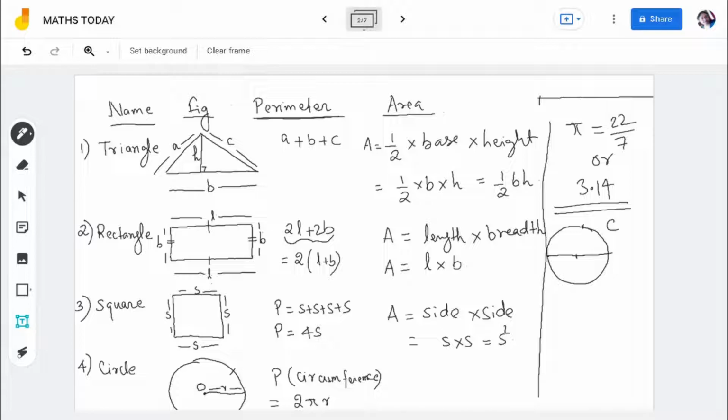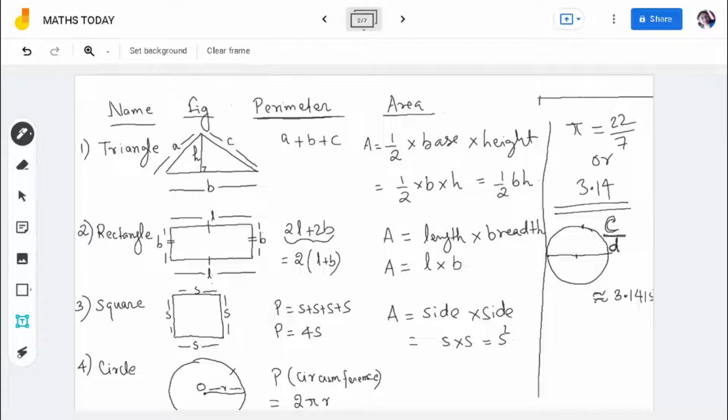Whenever we divide the circumference of any circle by its diameter, we always get a constant value. What is that value? It will always be approximately 3.1415, something like that. Any type of circle you choose, small or big, whenever we divide the circumference by its diameter, it always gives an approximate value of 3.141, something like that.